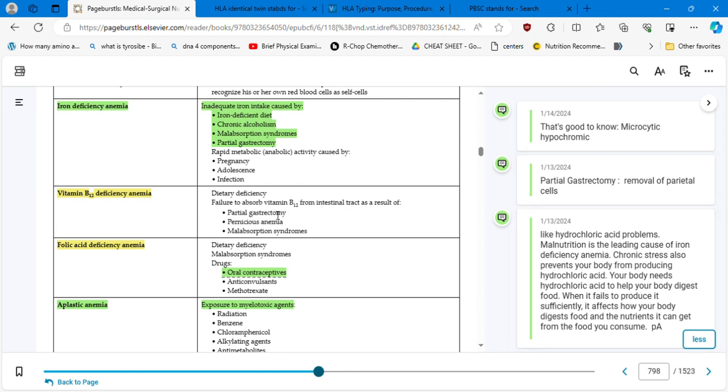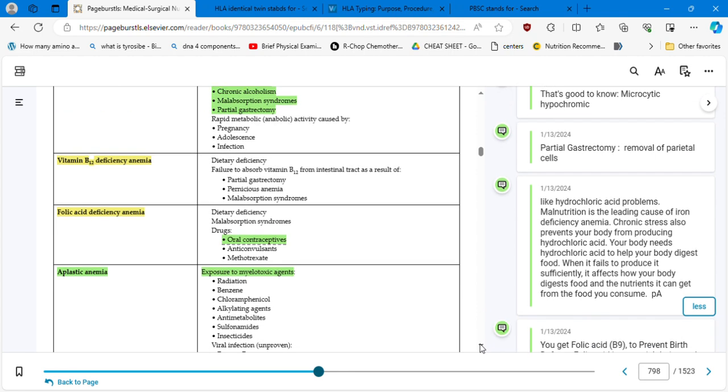So also vitamin B12 deficiency anemia, due to partial gastrectomy, intrinsic factor issues, pernicious anemia, malabsorption syndromes. Folic acid deficiency is another type of anemia, and B12 and folic acid deficiencies are both considered megaloblastic, in other words, macrocytic types of anemia, okay?